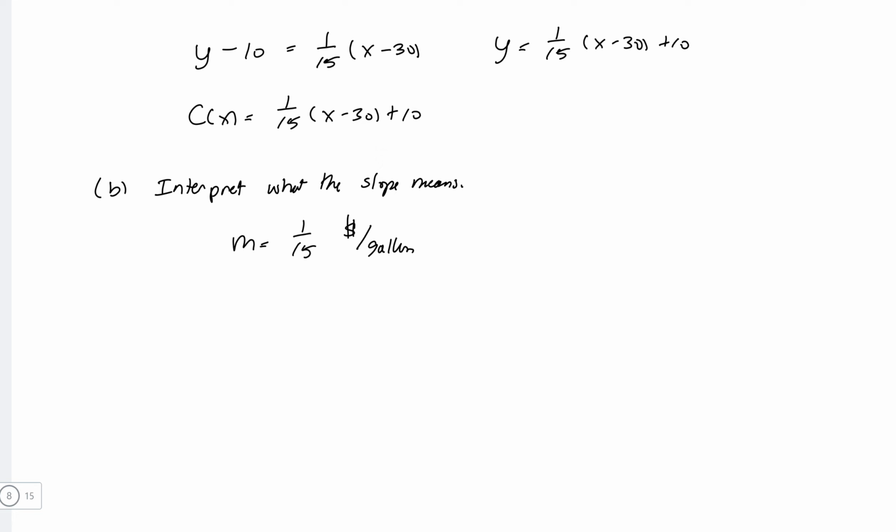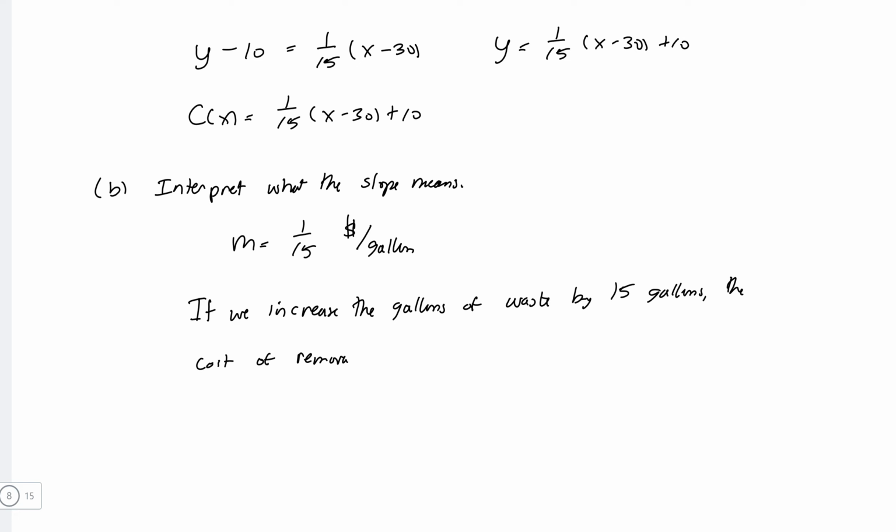One way would be that for each 15 gallons more of waste, we're going to increase the cost by $1. So that would be one way.